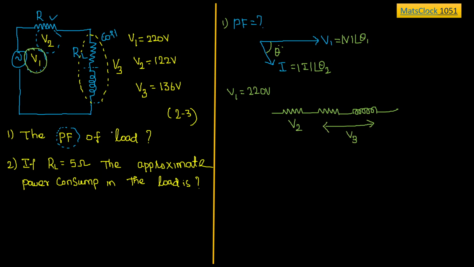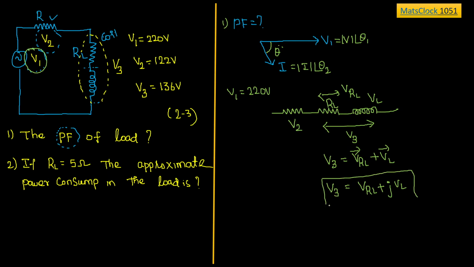Now suppose the voltage drop across this resistor we call VRL, and the inductor voltage is VL. Basically how will you write the V3 value here? V3 will be the combination of VRL plus VL, that is vector combination. If I want to write it exactly, it should be written like this: VRL plus j times VL. This is the value of V3.